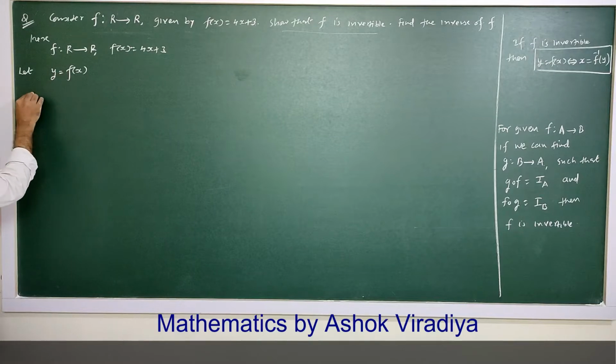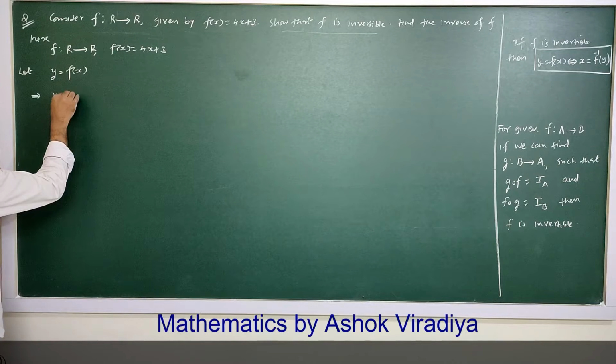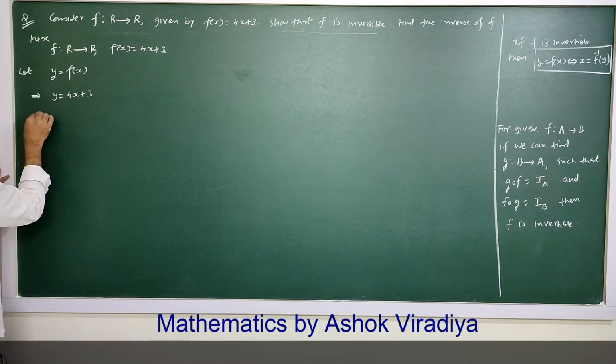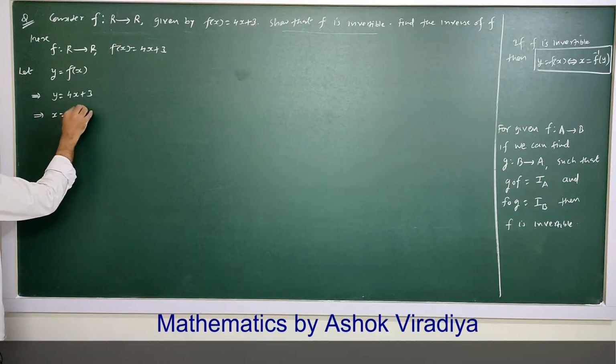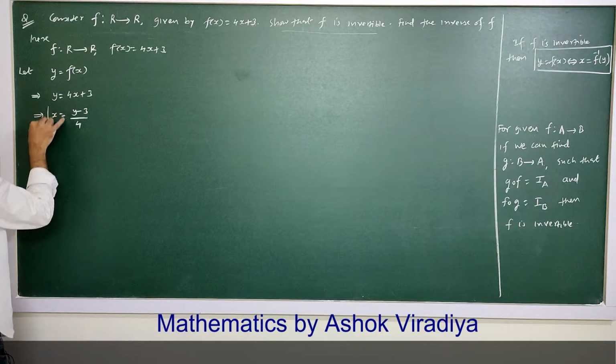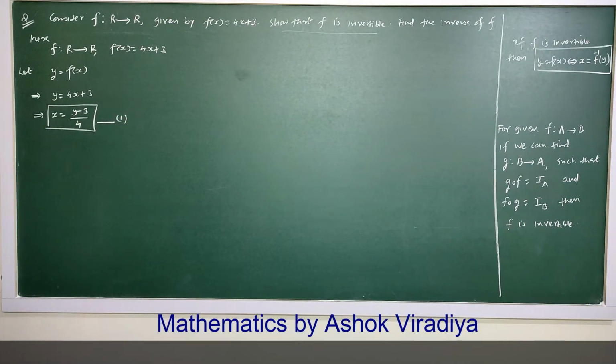So beginning from y equal to f(x), we put the value of f(x), which is 4x plus 3. Then get the value of x. So x is (y minus 3) by 4. Say this is equation 1. From y equal to f(x), we get the value of x.